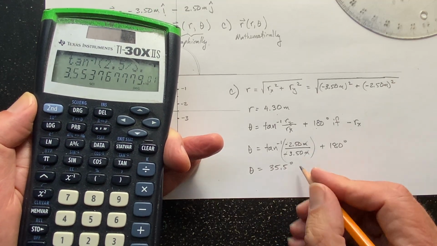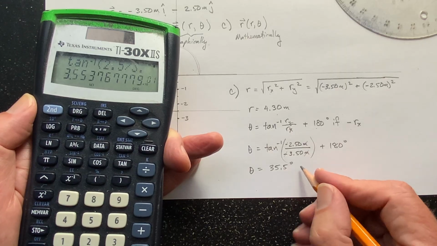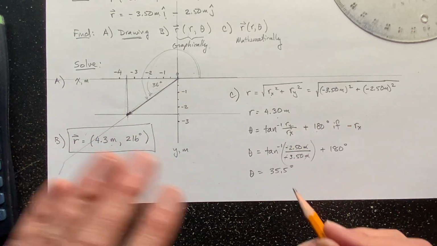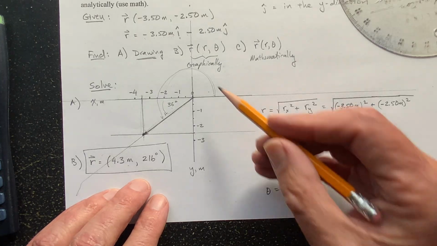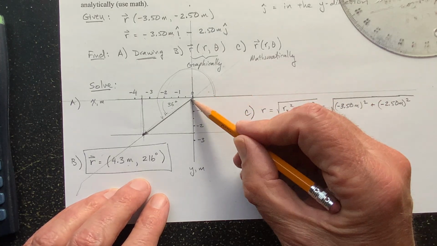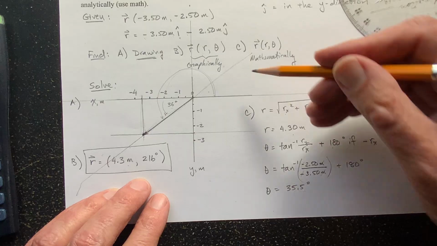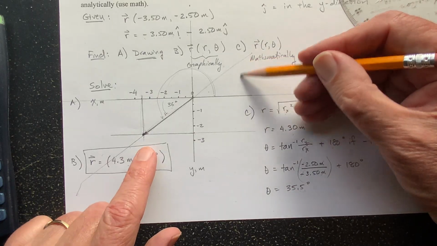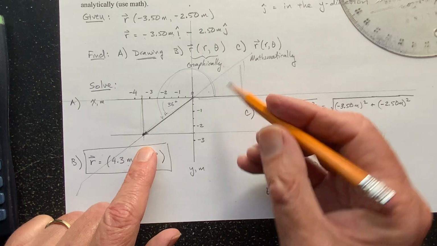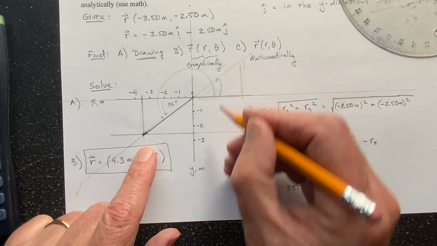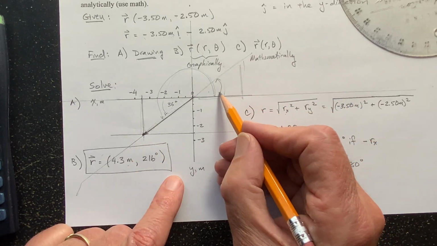degrees. Okay. Now, the reason we have to add 180 is that my calculator thinks that we're in this first quadrant because it's taking the ratio of y over x and thinks they're both positive. So my calculator gave me this angle as being 35.5.